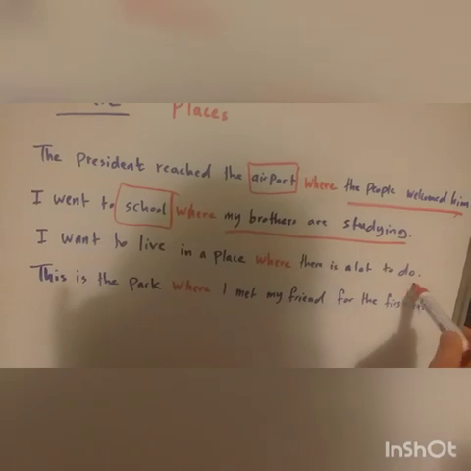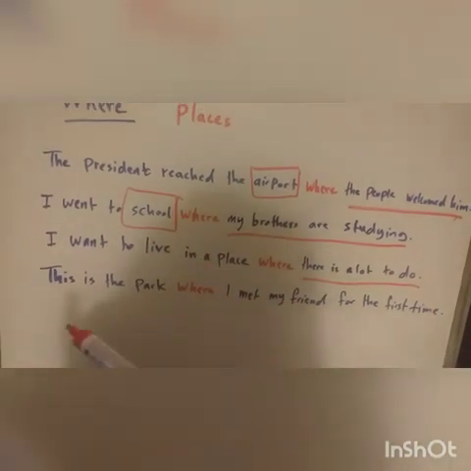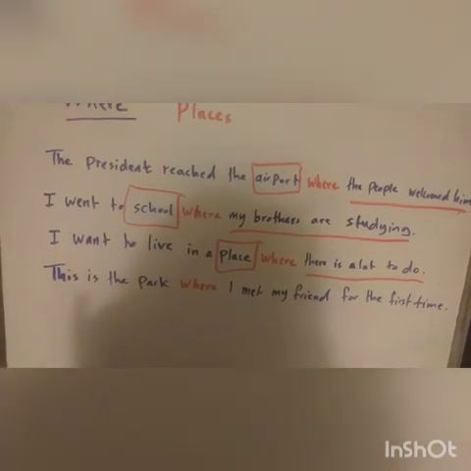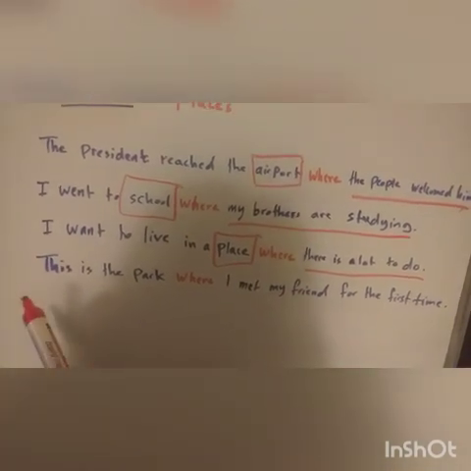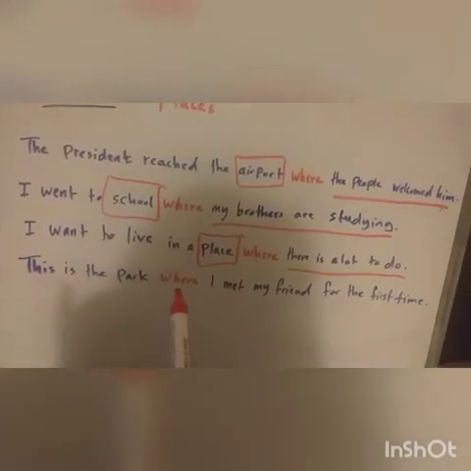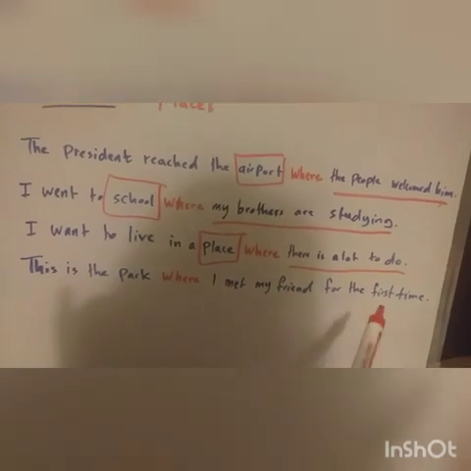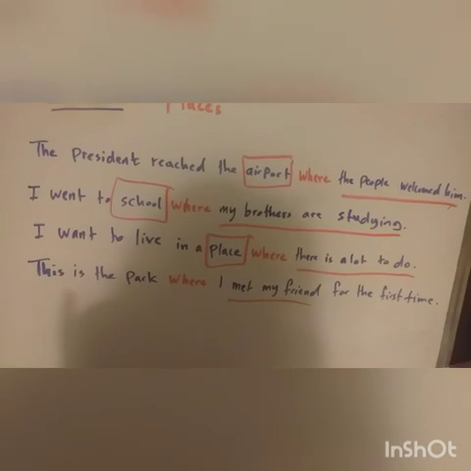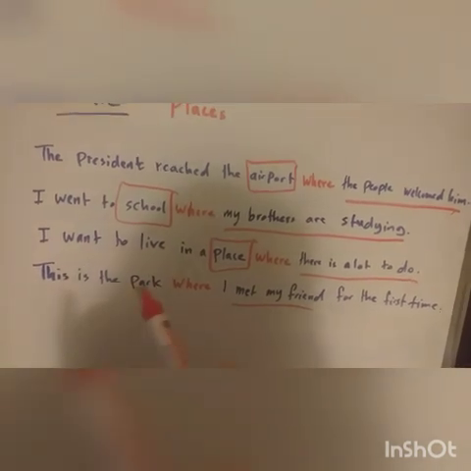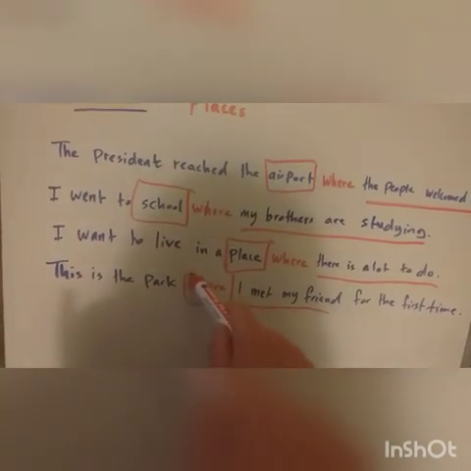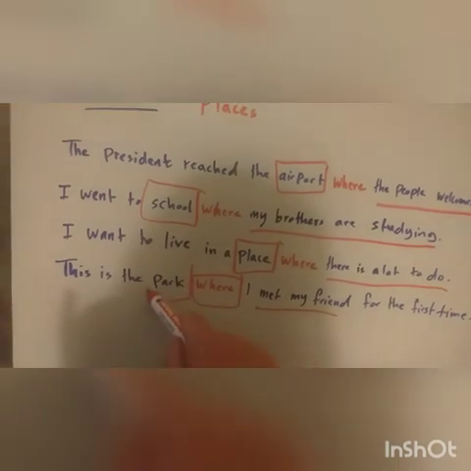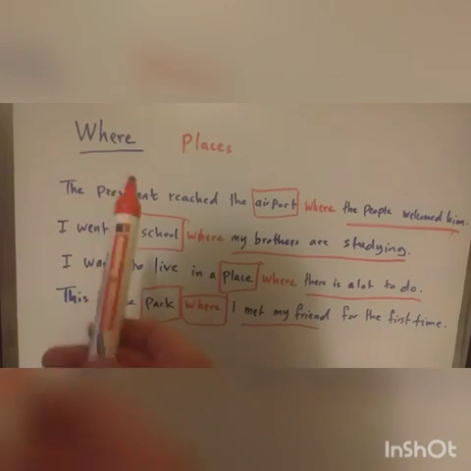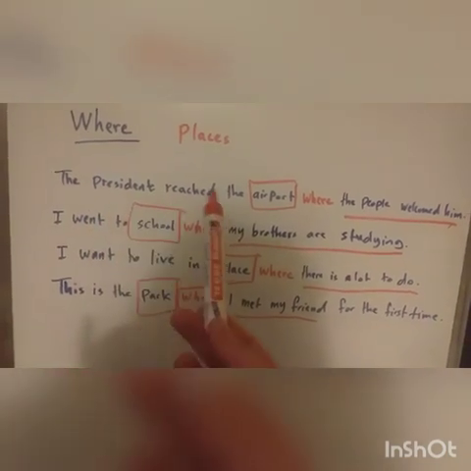Here we have related the place where there is a lot to do by using where. This is the park where I met my friend for the first time. In this sentence, we've related the place where I met my friend for the first time, which is the park. So we use where when we talk about places.